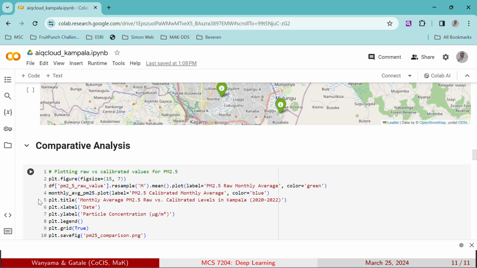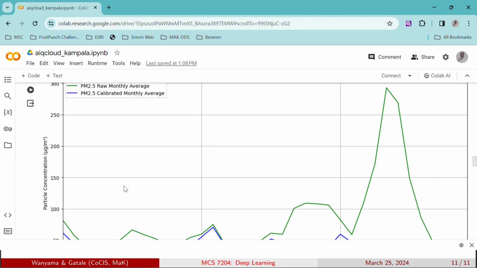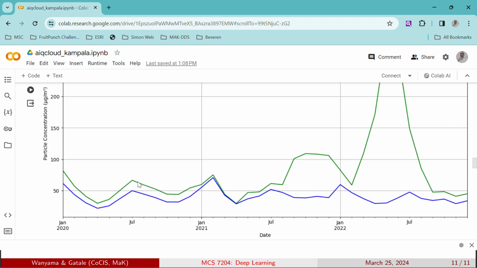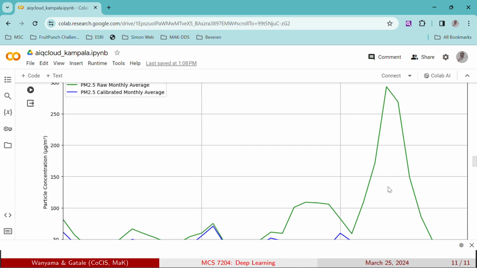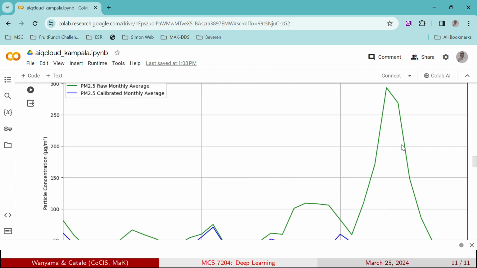Now, besides the spatial analysis, we also did comparative analysis, and here we compare the raw value and the calibrated value. The trend is almost the same, apart from here where it's a bit different, but the trend is actually the same, showing that when you use the calibration to convert the raw value to the calibrated value, it's all uniform, apart from this and this.